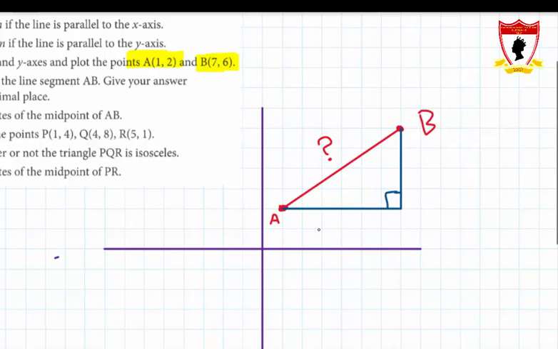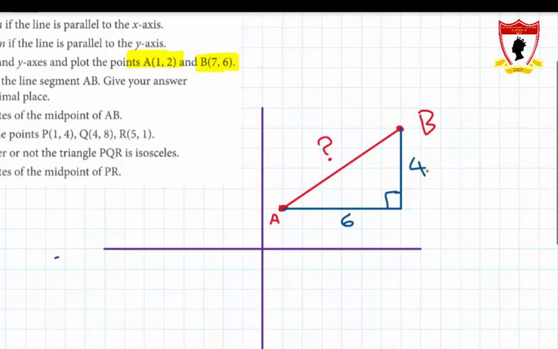Do we know these two lengths? Of course we know. This length is 1, 2, 3, 4, 5, 6 squares, so we consider it as 6 centimeters. And this length from here to there is 1, 2, 3, 4, so this length is 4 centimeters.